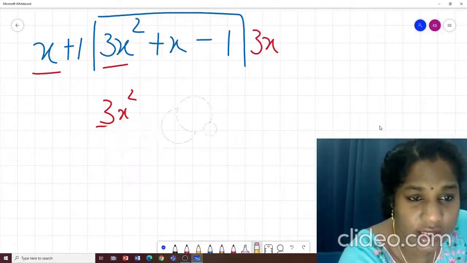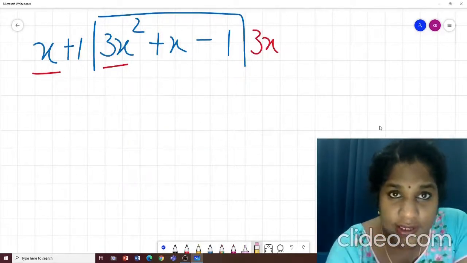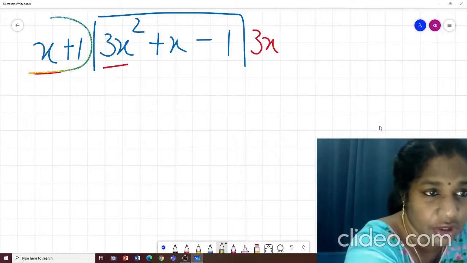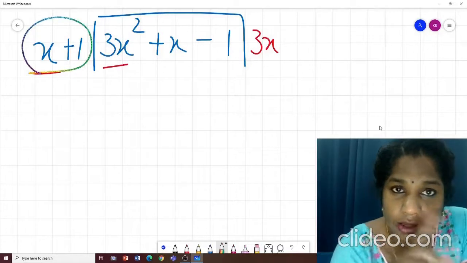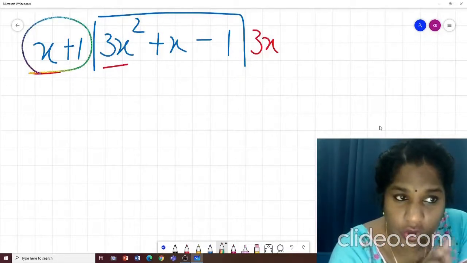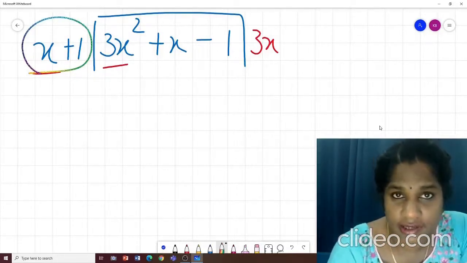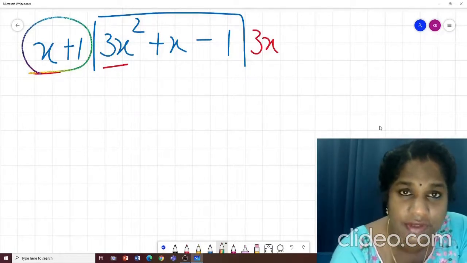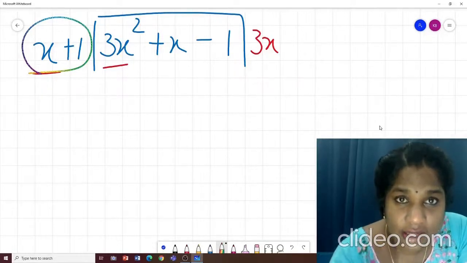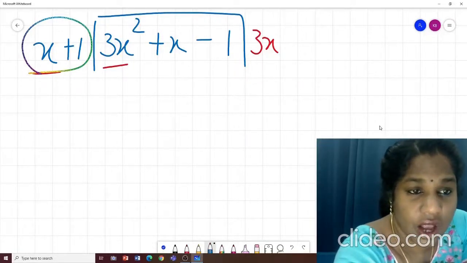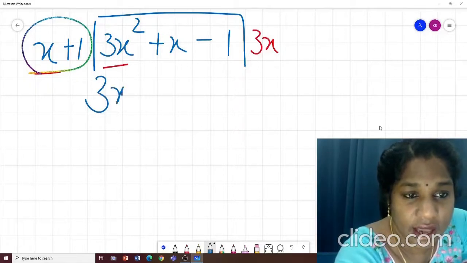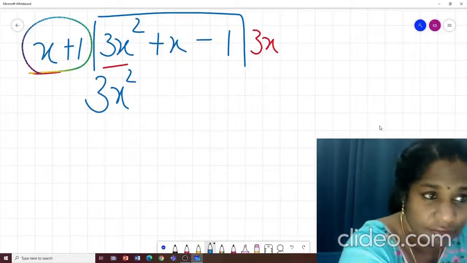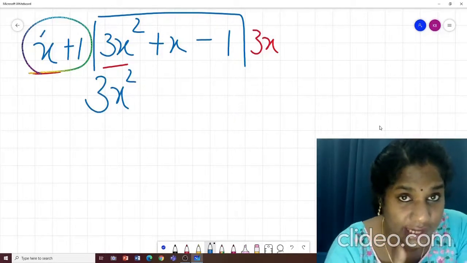Okay, now what is the next step? Next step is to multiply every term that you see here with the quotient. So x into 3x, what will it give me? X into 3x gives me 3x square. Is that correct? So I will write 3x square. After you divide with the first term, don't leave the second term.